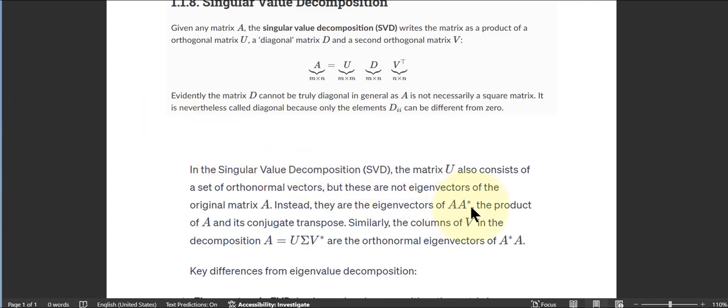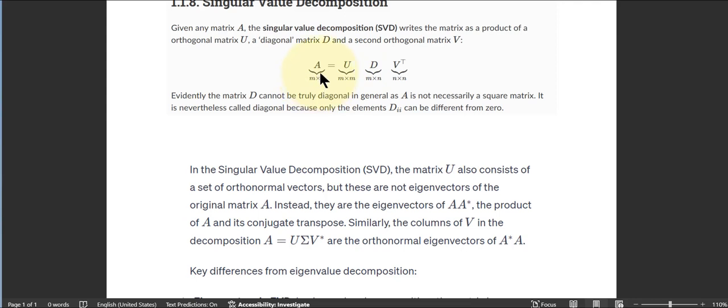But A times its transpose will be symmetric, so we can do the same thing as before, get the eigenvectors, form the matrix with those eigenvectors, and call that U. And that's what this U is.